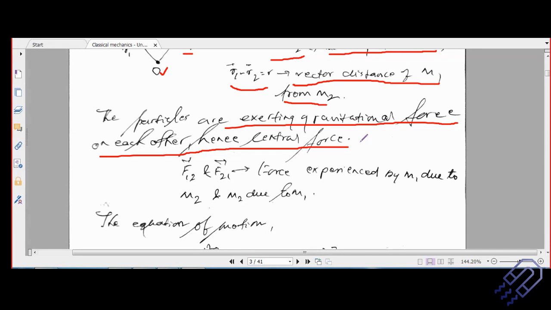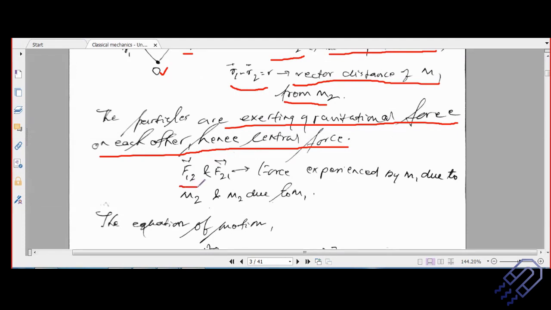Coulomb force is much stronger compared to the gravitational force, so we just consider the Coulomb force. It doesn't mean the gravitational force is not there. It's there, but it's negligible. Here we are considering gravitational force because we are considering these two masses as chargeless. They do not have any charge.